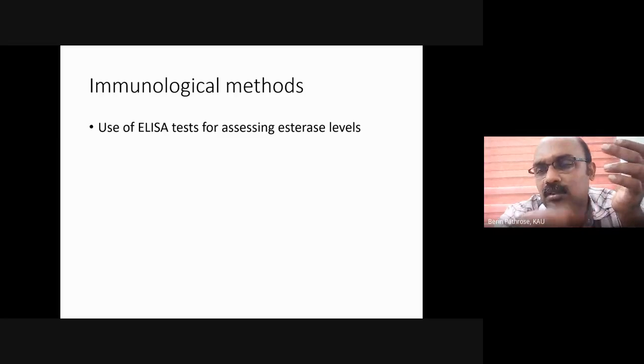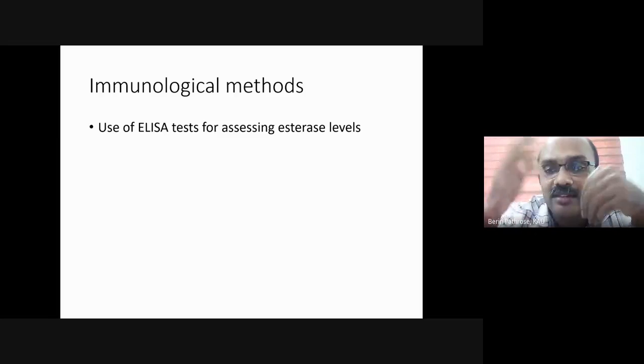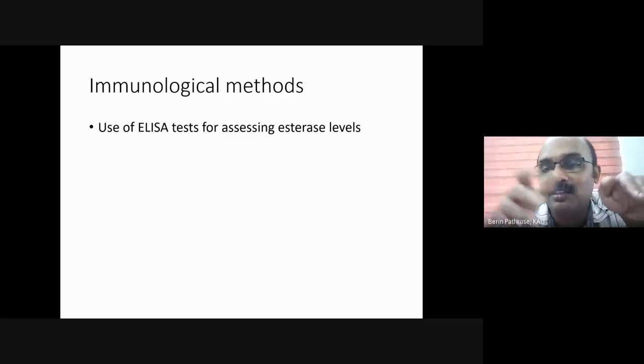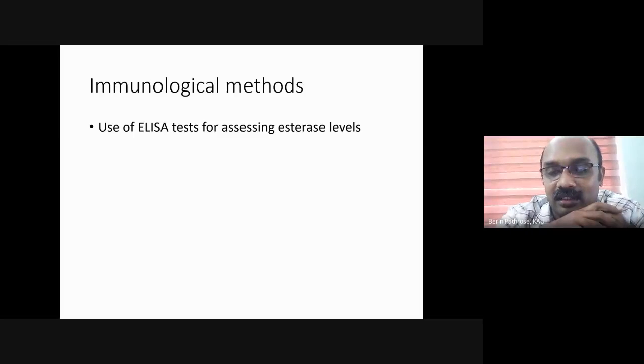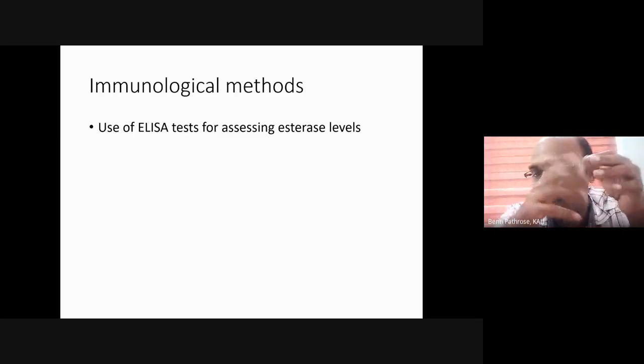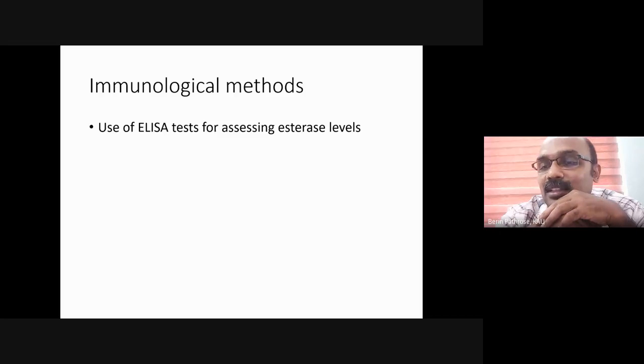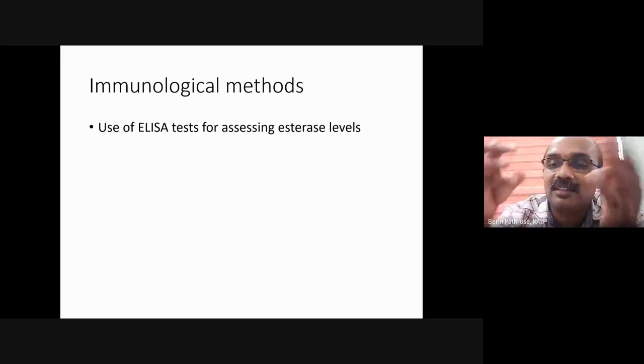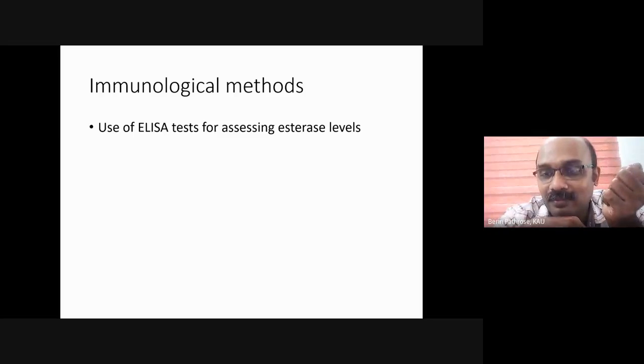Now, we have seen a lot of pregnancy detection kits. The same principle, antigen antibody reaction. This is the normal way. This is a kind of enzyme linked immunosorbent assay. Here it's antigen and antibody. In enzyme linked immunosorbent assay, we can use a substrate and the enzyme. Keep a substrate on a filter paper.